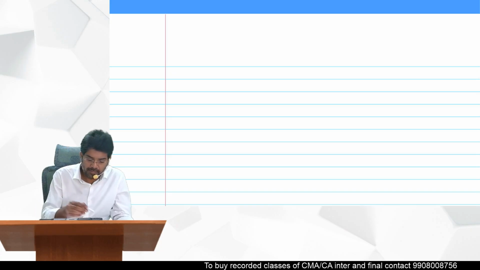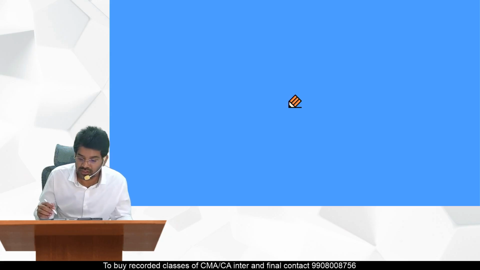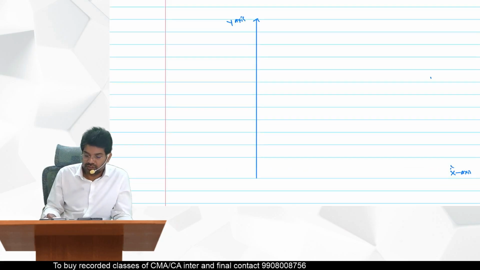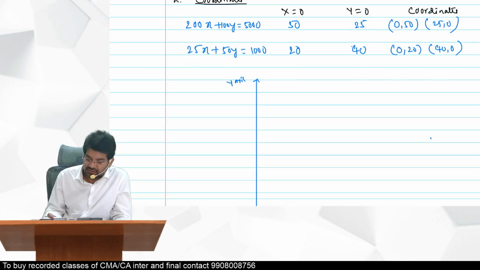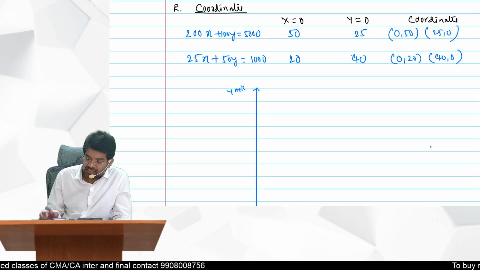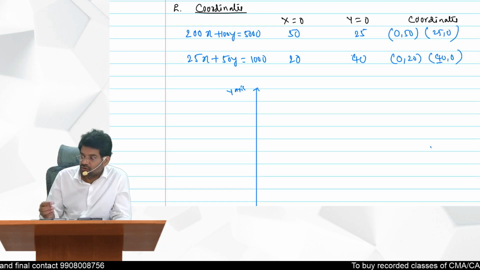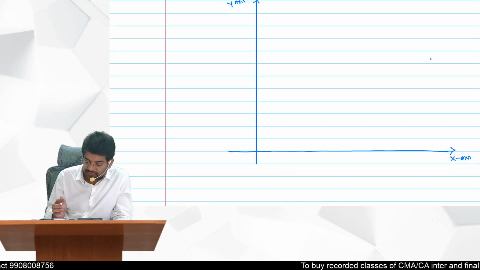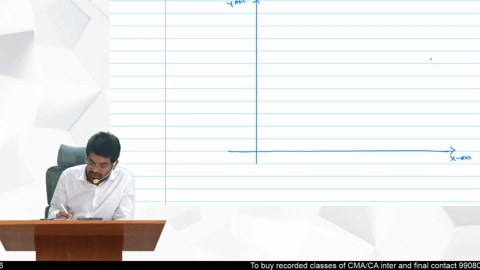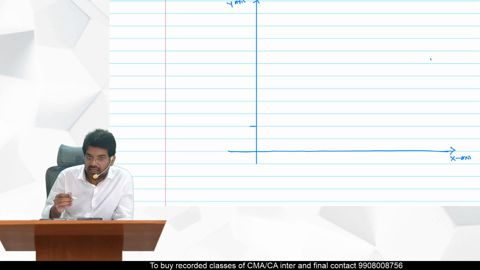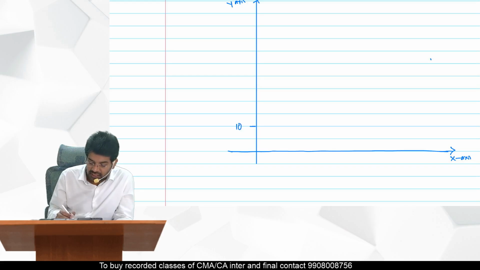So in my note I don't have the graph here, so let's use this only. So now what we will do is we will give the scale first. So x, we are starting from 0, it can go up to even 40, because x is equal to 40 now. So this is 10, 20, 30, this is 40.